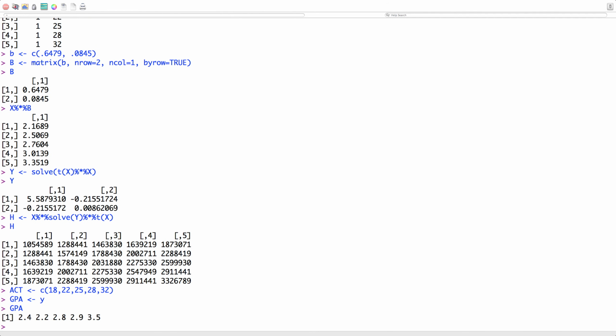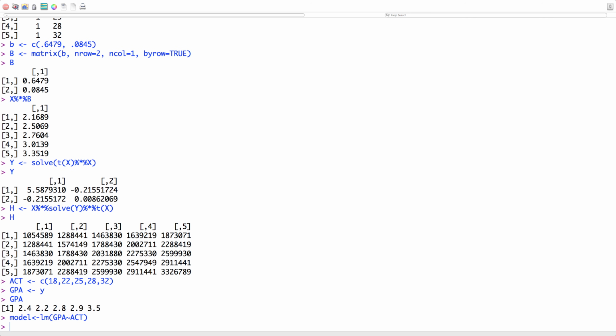All right, good. All right, guys. If we run the linear model, so let's just call this model, linear model for GPA predicted by ACT.